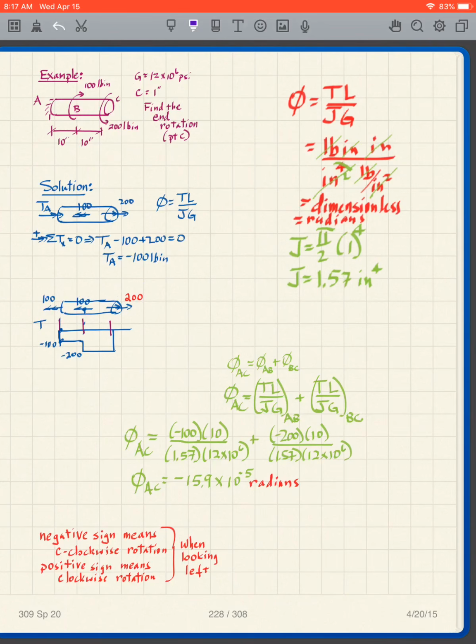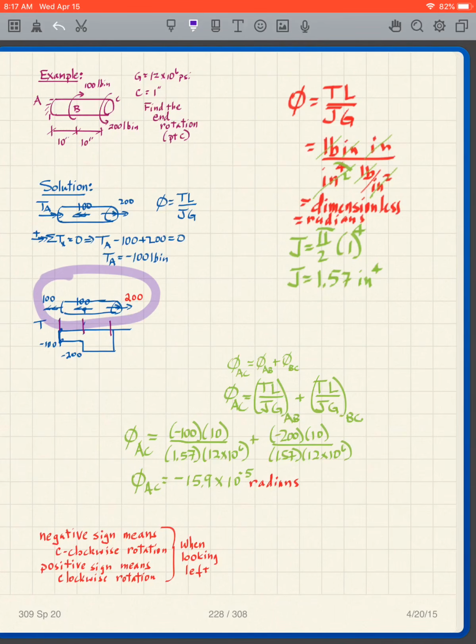We drew our torque diagram where we go to the left, we go down, over, to the left again, down, over, to the right means up. So I get my torque diagram that's similar to drawing a shear diagram, but the benefit is that this is as complicated as it gets.